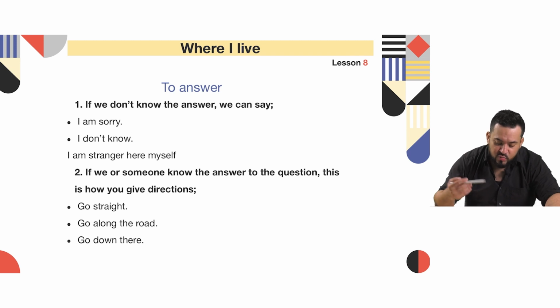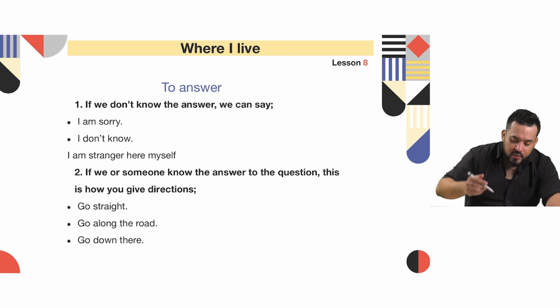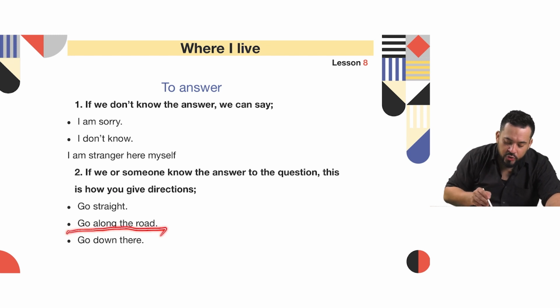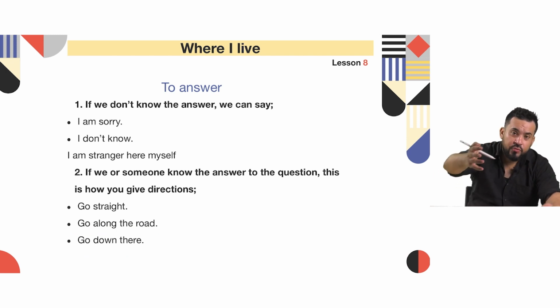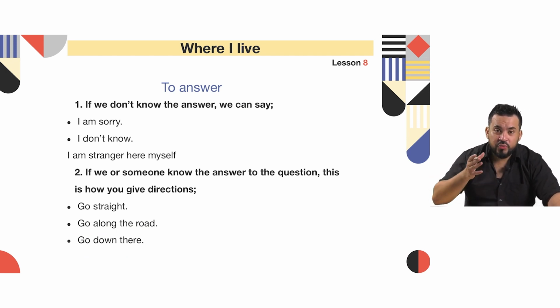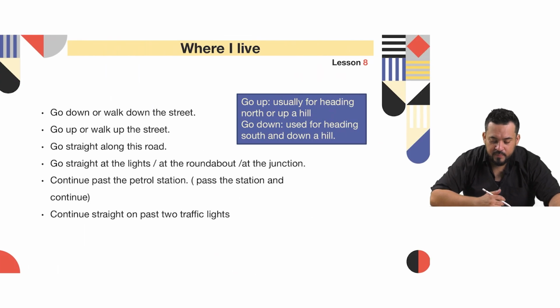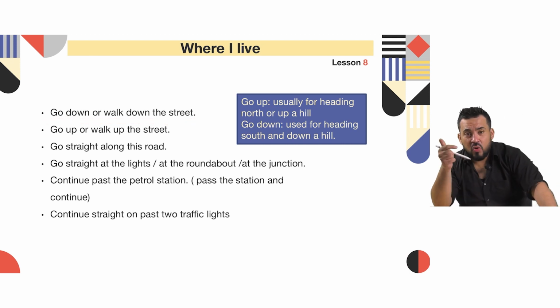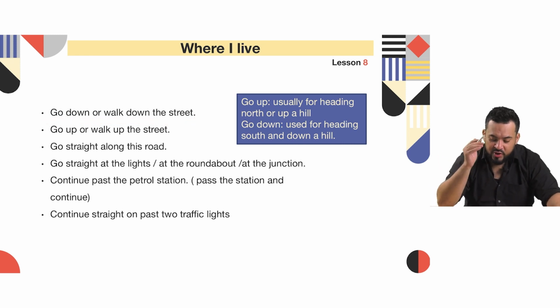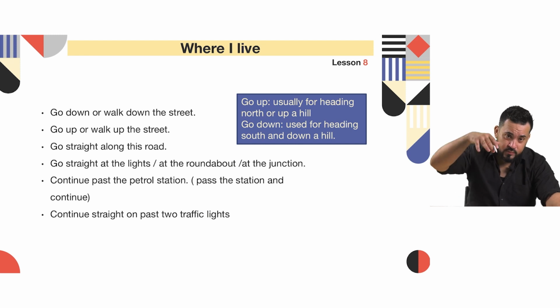If someone knows the answer to the question, this is how you give the directions. You can use this phrase, go straight, go along the road, go down here. So go straight or go along the road, it means the same thing, or go down here. Go down or walk down the street. We normally use go down if we are heading south or down a hill.